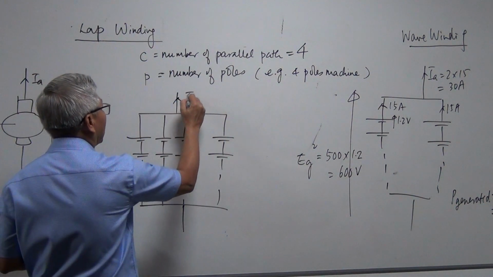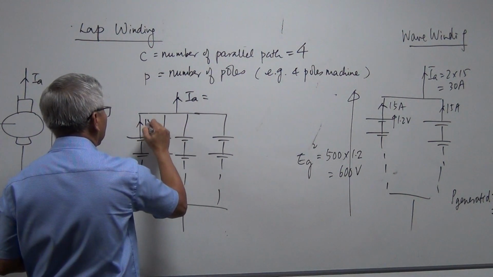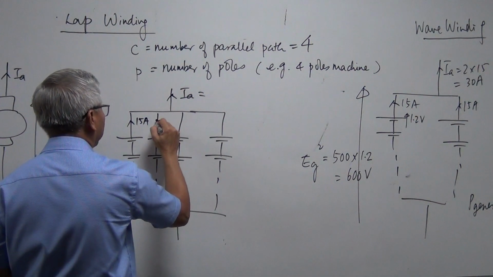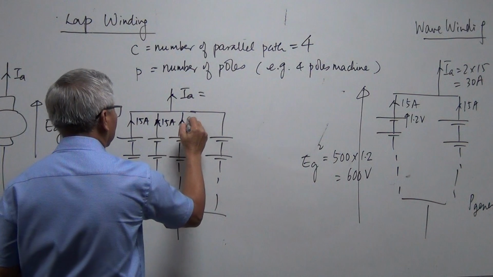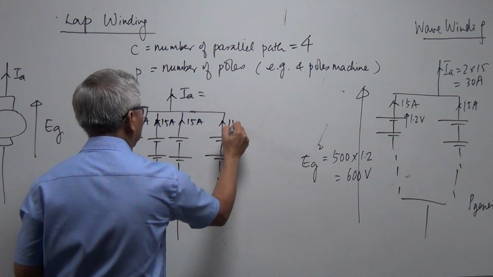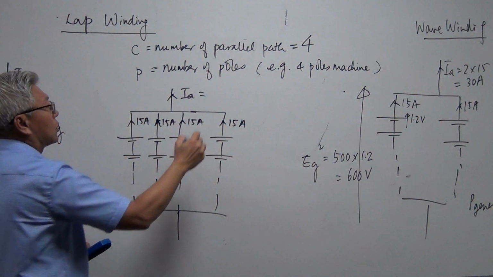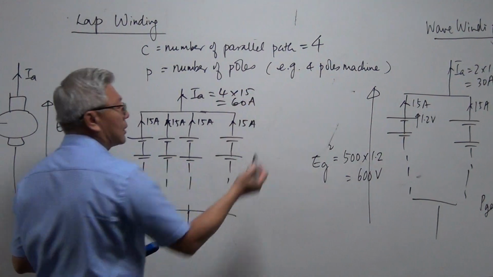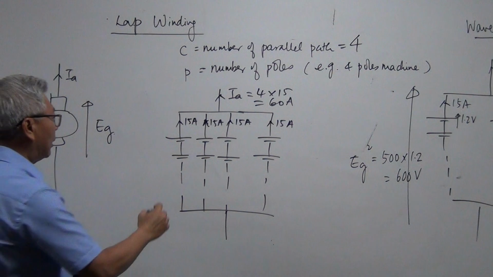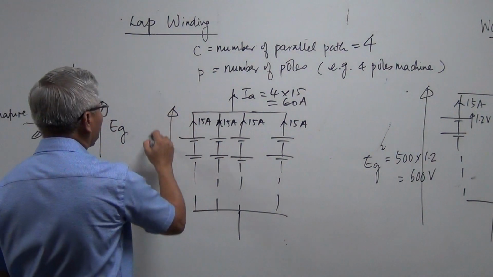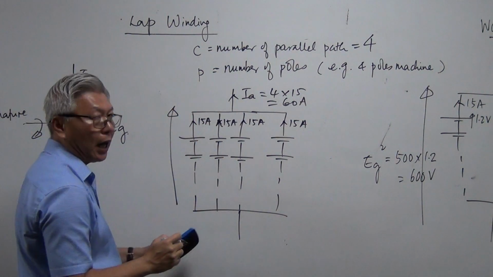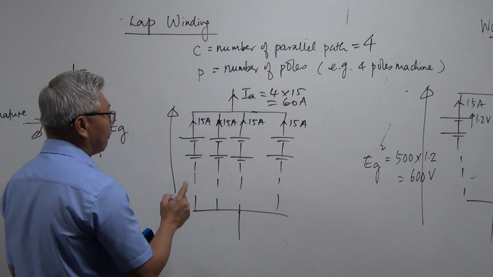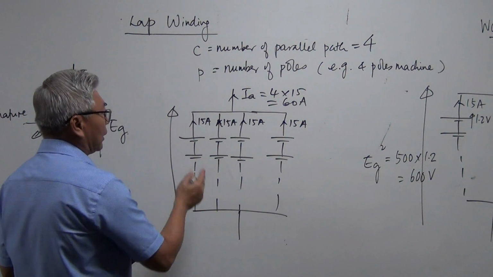So this time, for the armature current, because there are 4 paths, the total current is 4 times 15, so it is now 60 ampere. And how about the total voltage? In each path, there will be 1,000 divided by 4, because there are 4 paths now.